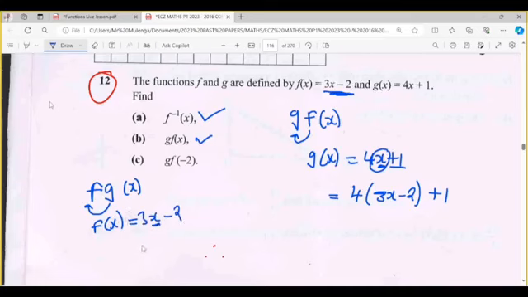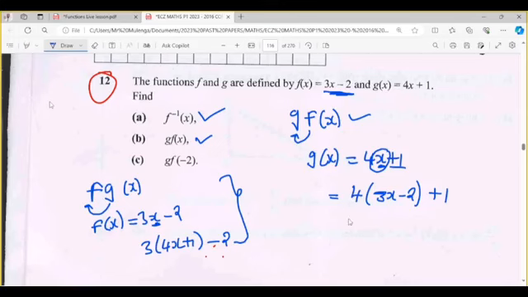So it would have been 3, where there is x, I'll put the function of g, which is 4x plus 1. I'll say open bracket 4x plus 1, cross, and then minus 2. Now this is not the case. The case was this. So I hope you have gotten what I've explained here.